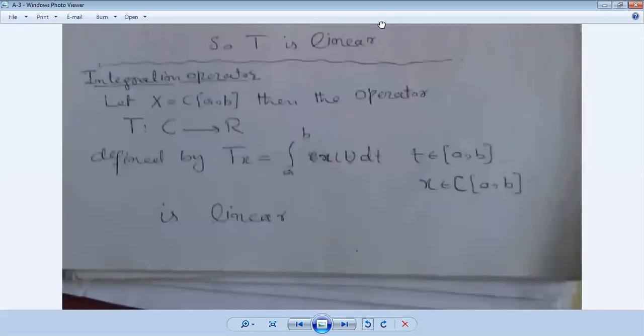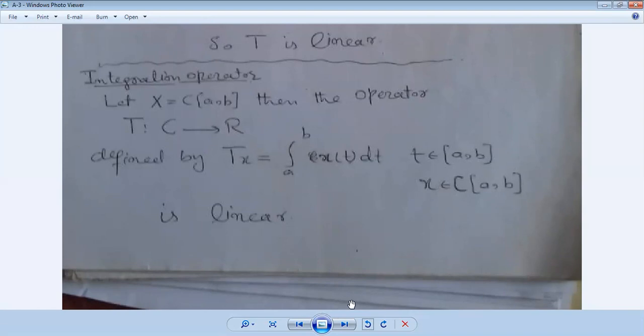Now this is the integration operator. Let X be equal to C[a, b], then the operator T from C[a, b] to R is defined by T of x equal to the integral of x(t) dt, where the lower limit is a and the upper limit is b, t belongs to the closed interval [a, b], and x belongs to the space C[a, b].